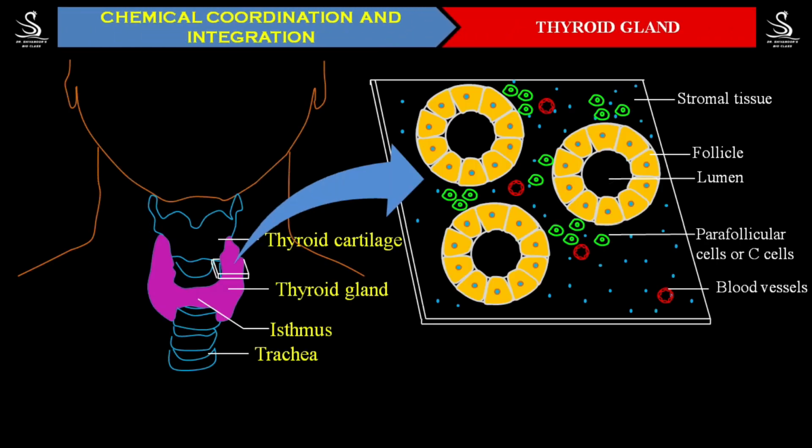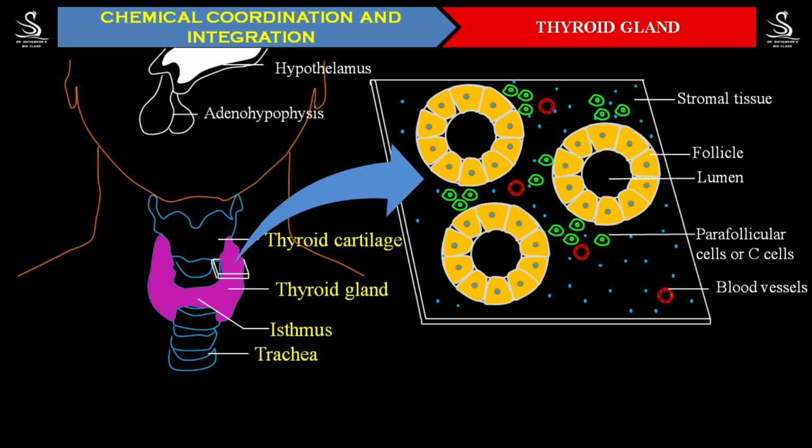Now let us see which hormones are going to be secreted and how the activation for the secretion of thyroid hormone occurs. Suppose here is the hypothalamus, part of our brain, and below the hypothalamus we find the pituitary gland, which has two lobes. The anterior lobe is called adenohypophysis and the posterior lobe is called neurohypophysis.